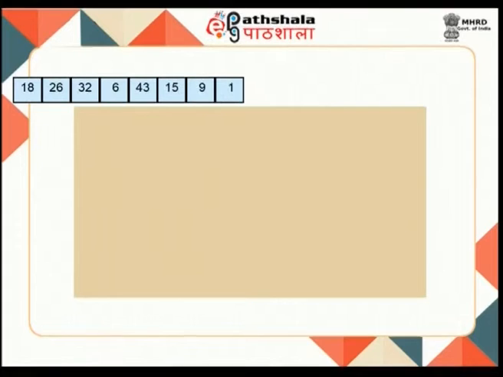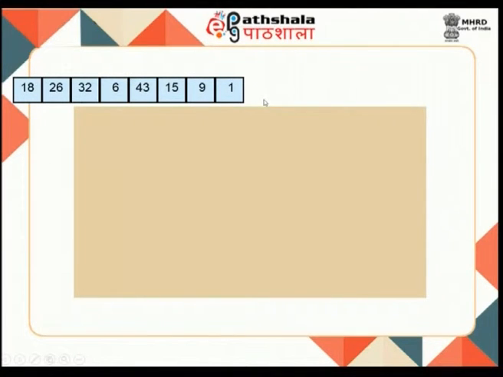Let us take a small numerical example to see how divide and conquer works. Let us assume that we are given an array that needs to be sorted. You can see the given array consists of 8 elements.